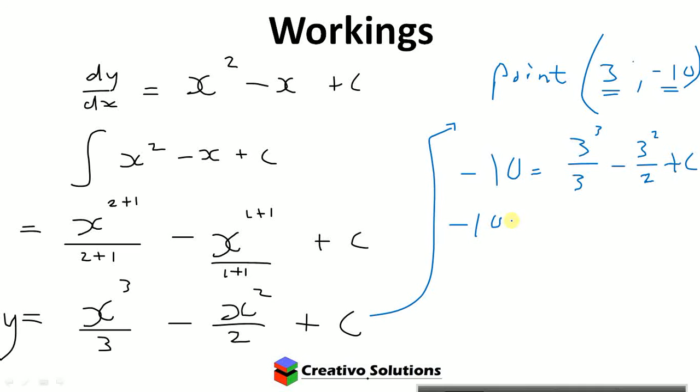Minus 10 equals 27 over 3, which is 9, minus 9 over 2, plus c. So minus 10 minus 9 plus 9 over 2 equals c. Can you type that into the calculator? Let's see if we get a c.